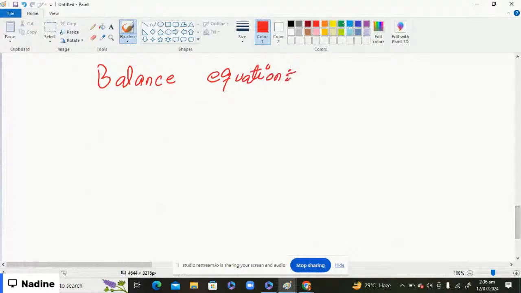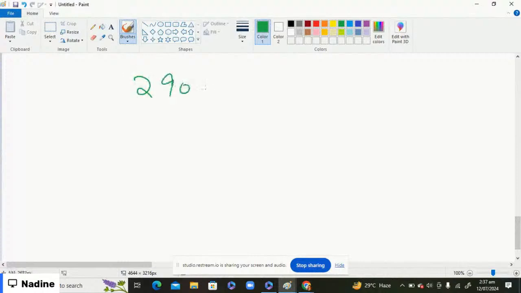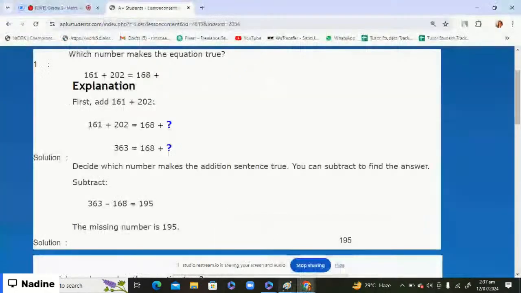We are just going to solve it like this way. For example, here are three digits which are given. Let me just write it here. 290 plus 152, which is equal to, like, any number we get.